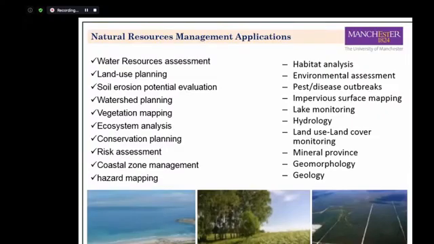Environmental assessment, pesticide and disease outbreak, impervious surface map, that is land surface temperature mapping, or urban heat island, lake and watershed monitoring, hydrology, land use maps, mineral provisions, geomorphology, geology. These are the domains. These are the applications of natural resource management.